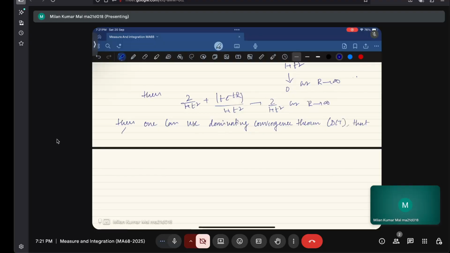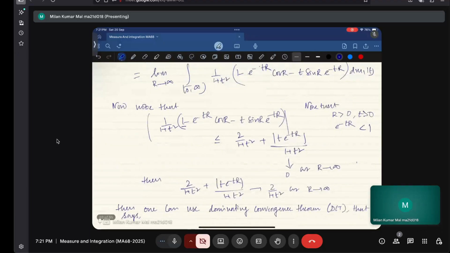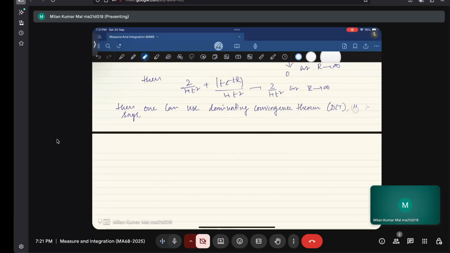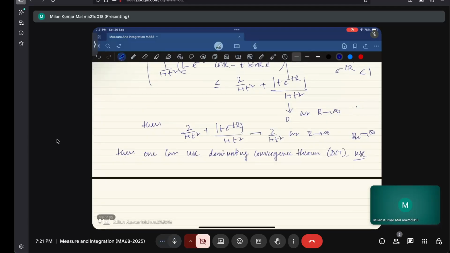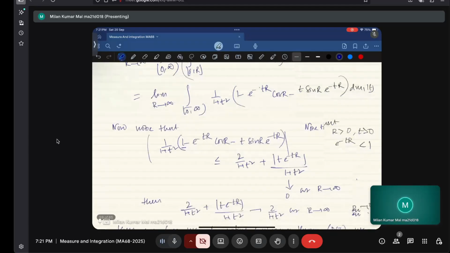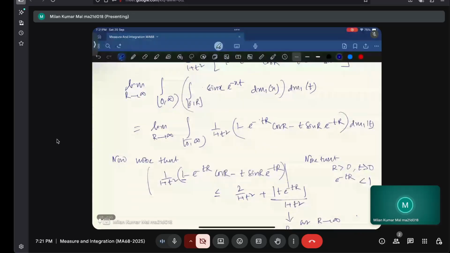How can the dominated convergence theorem be used? You can take a sequence Rn which converges to infinity, and correspondingly consider this particular thing as the f_Rn.